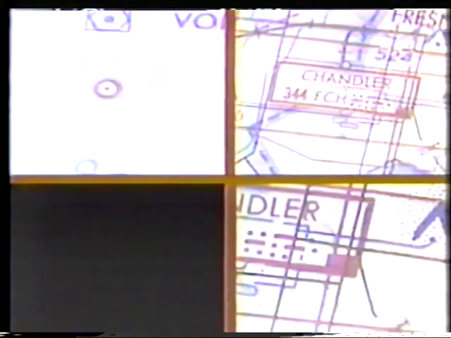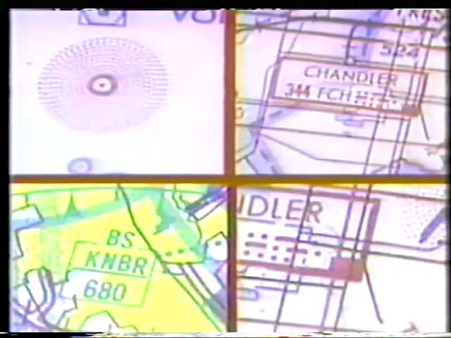In the example of the Fresno Chandler NDB, we see that it broadcasts on a frequency of 344 kHz. Its identification is FCH. The small box in the corner indicates the NDB also transmits a continuous taped weather broadcast. Commercial broadcast stations, transmitting on the low and medium frequency bands, are sometimes indicated on the charts.